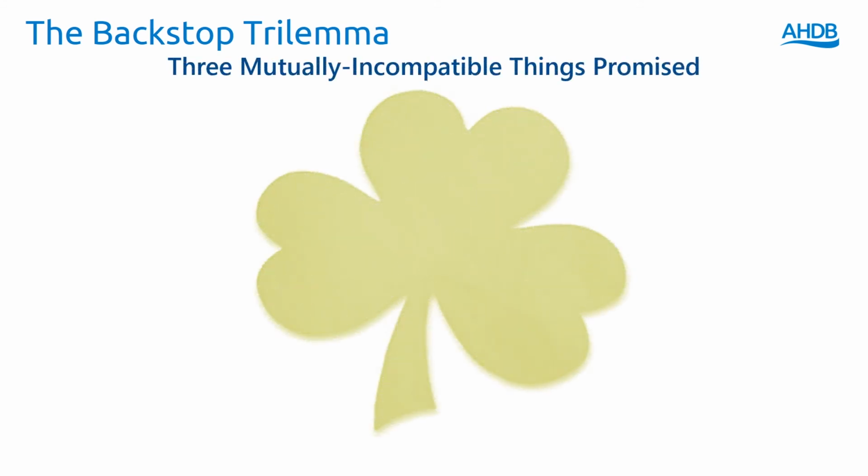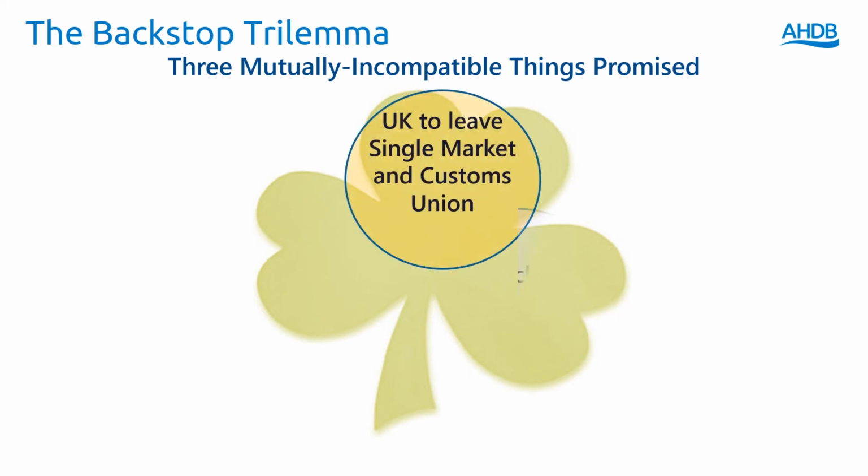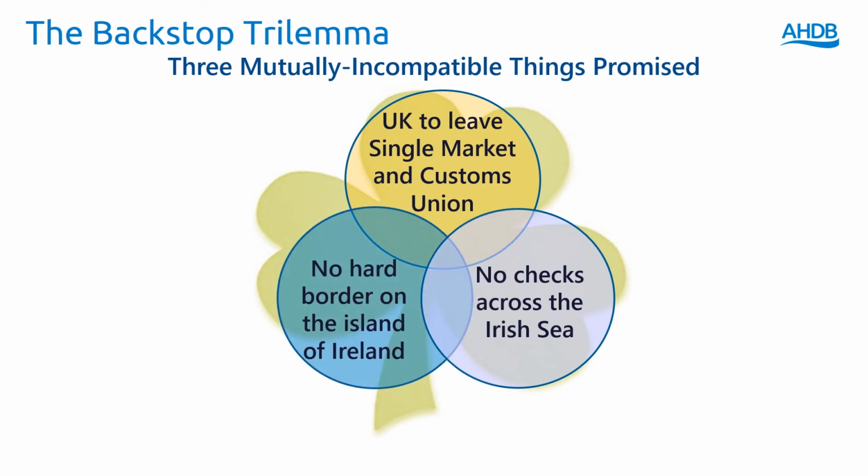One other issue, I've alluded to it a couple of times today already, is in relation to the border situation with Ireland. And just to recap on what we're calling the backstop trilemma. We're hearing a lot about it in the news at the moment: 3 mutually incompatible promises have essentially been made over the course of Brexit. First of those, the UK has committed to leaving the single market and the customs union.